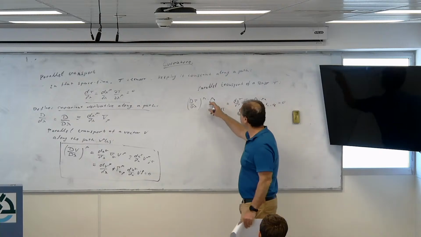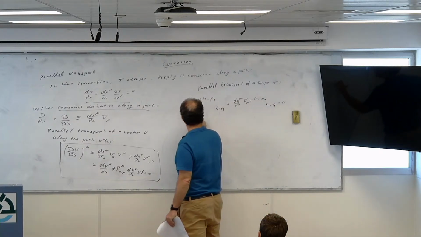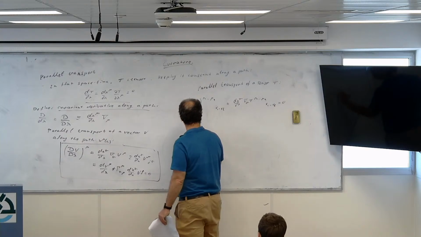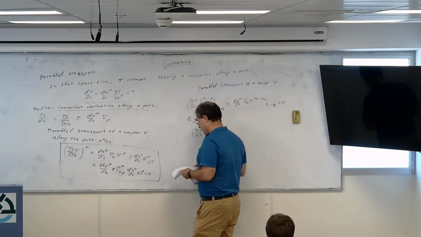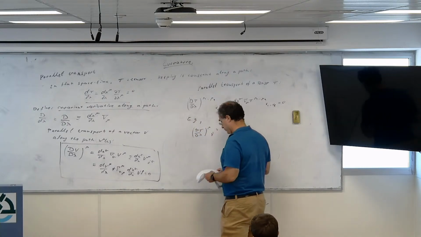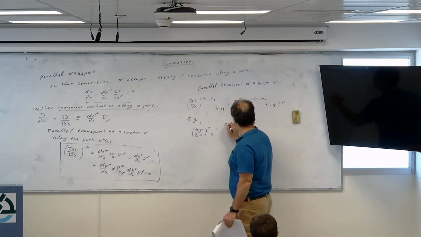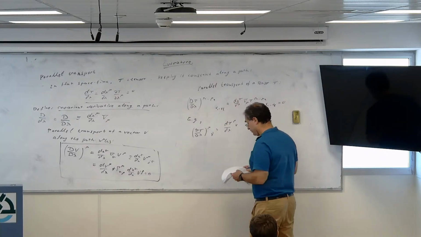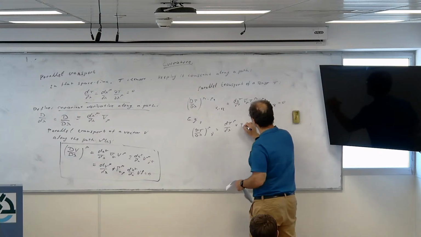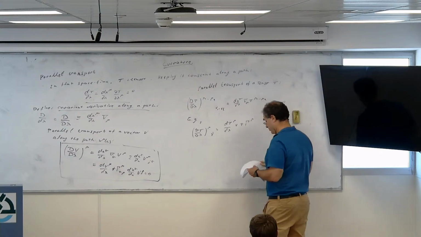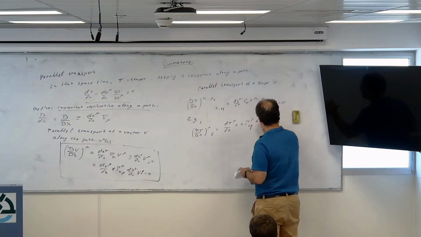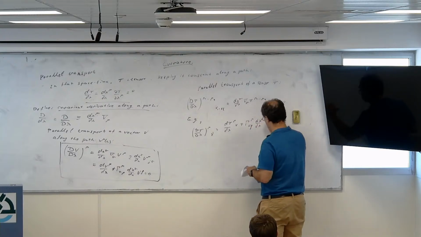For example, if you have one component, DT over d lambda: dT^mu over d lambda plus Gamma^mu_{sigma rho} dx^sigma over d lambda T^rho.